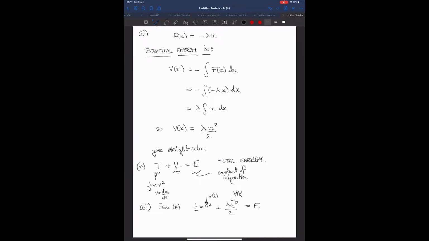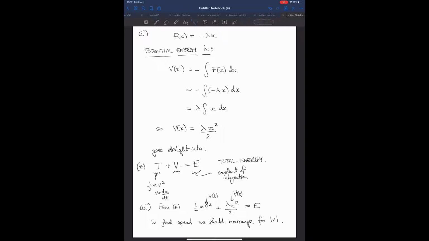So, how does the speed depend on the position of the particle? Well, to find speed, we should rearrange. Remember that speed is the magnitude of the velocity, so rearrange for modulus of v.